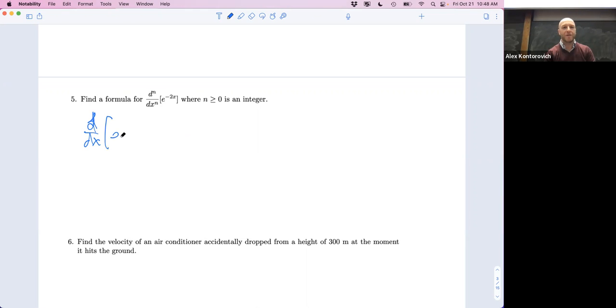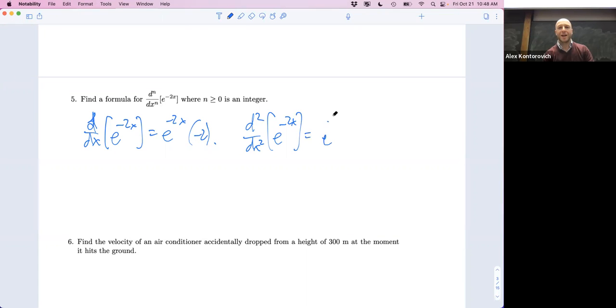If we take one derivative of e to the minus 2x, we get e to the minus 2x times a chain rule of -2. If we take two derivatives of e to the minus 2x, it's the first derivative of this. So I get an e to the minus 2x and I get a -2 from the first derivative. Now I'm differentiating this. That's just a constant.